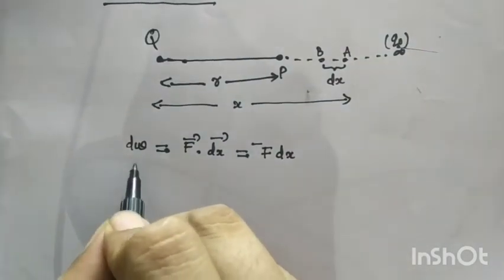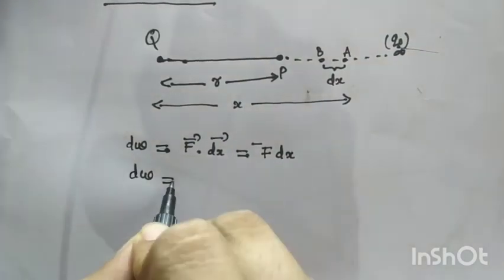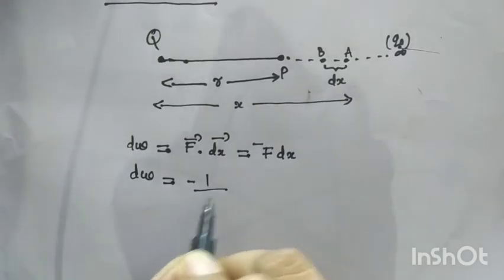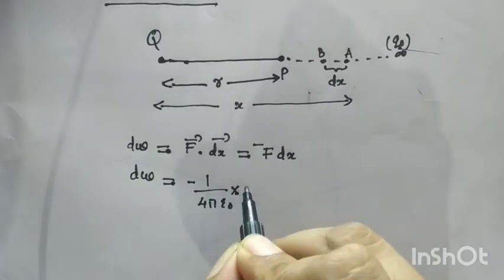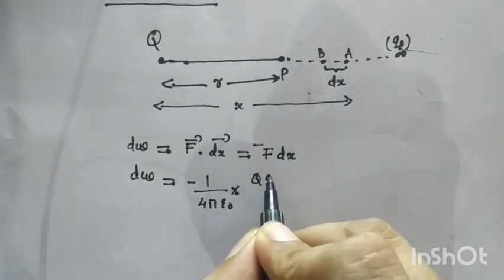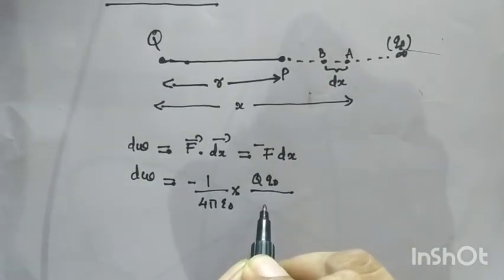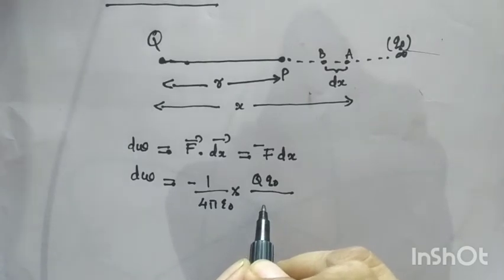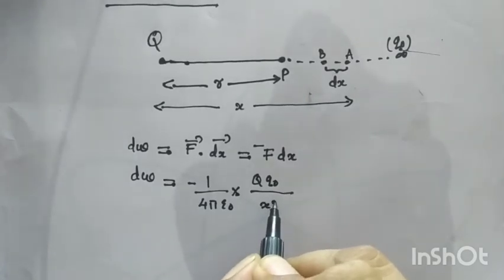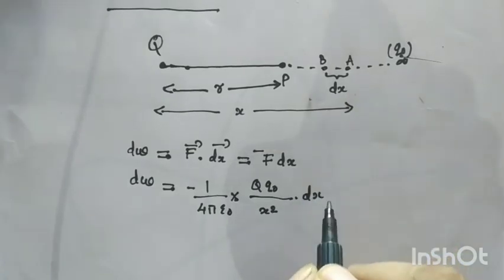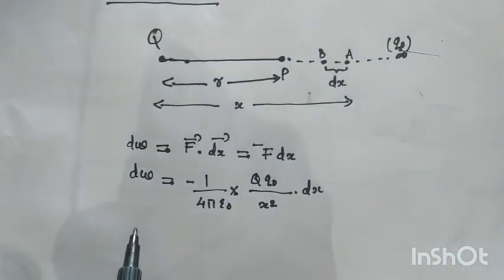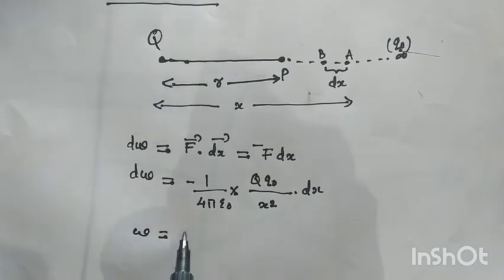Therefore, we can write dW is equal to minus 1 by 4 pi epsilon 0 into capital Q Q0 divided by x square, into dx.